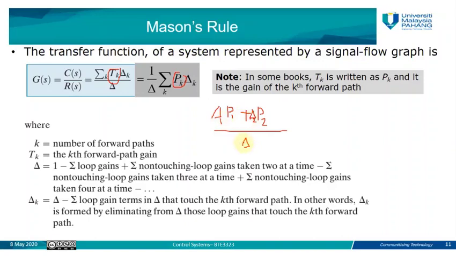And in order to find delta, we need to find the loop gain, because delta is equal to 1 minus the loop gains. Then we need to find non-touching loops, 2 at a time, 3 at a time, and so on. After we find this delta, we can find the value of delta k, which is equal to delta minus the value of the loop gains that relate to the kth forward path.